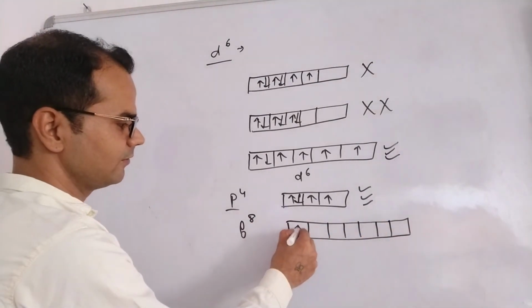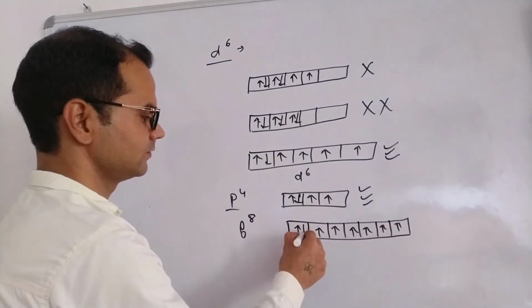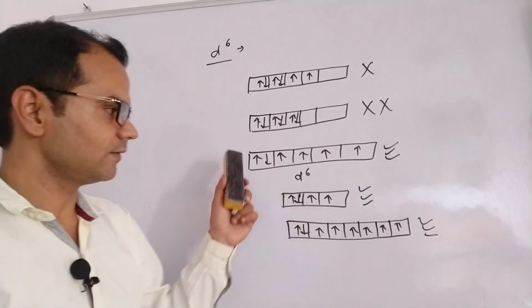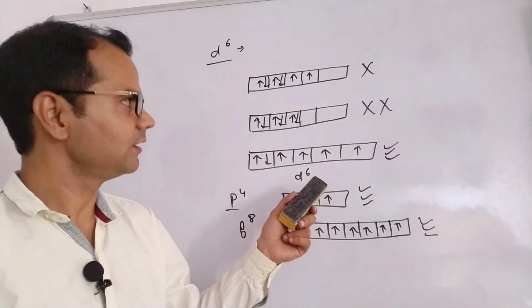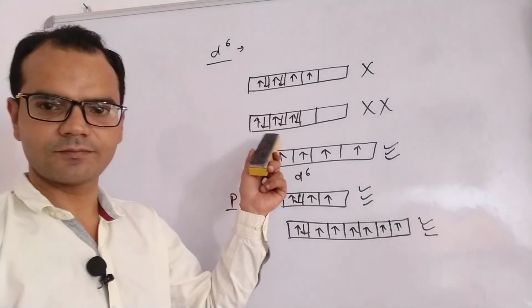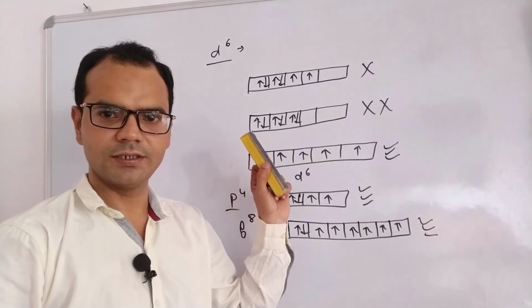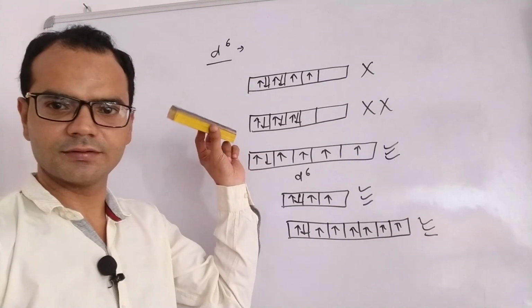So 8 electrons will be filled like 1 2 3 4 5 6 7 and 8. So pairing is possible when there is no vacant orbital. If there is a vacant orbital and we pair up, that will be the wrong electronic configuration. Clear? This is the third rule, Hund's rule of pairing.